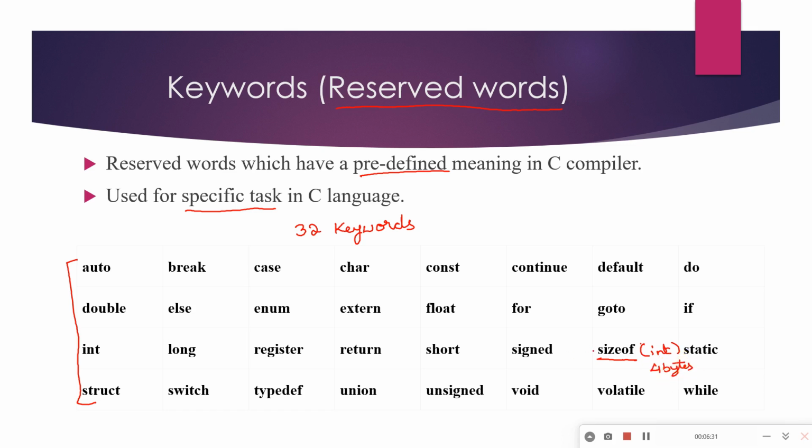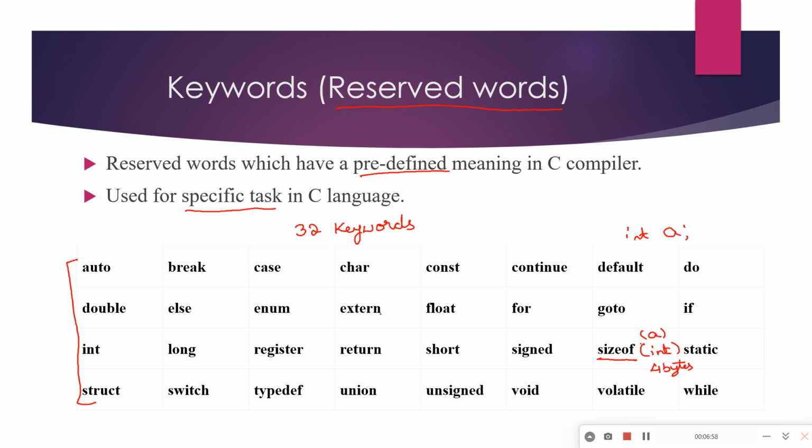I can make use of sizeof(int) in a printf statement, which will display 4 bytes of memory. Or if I declare int a, and then use sizeof(a), it gives 4 bytes of memory. So this is a predefined meaning which performs a specific task, and that is what we call a keyword.